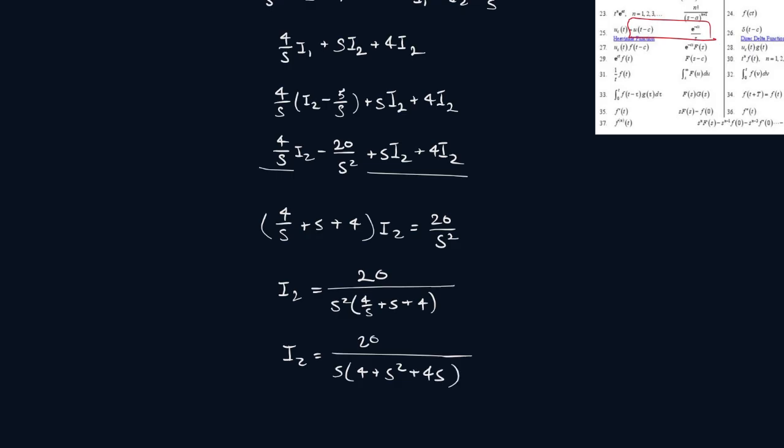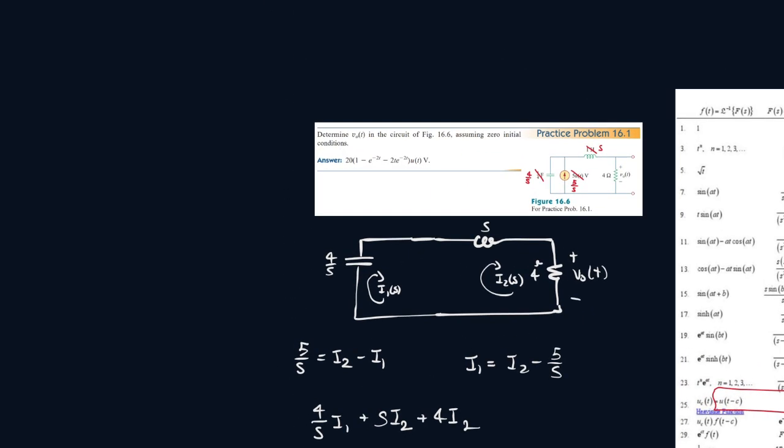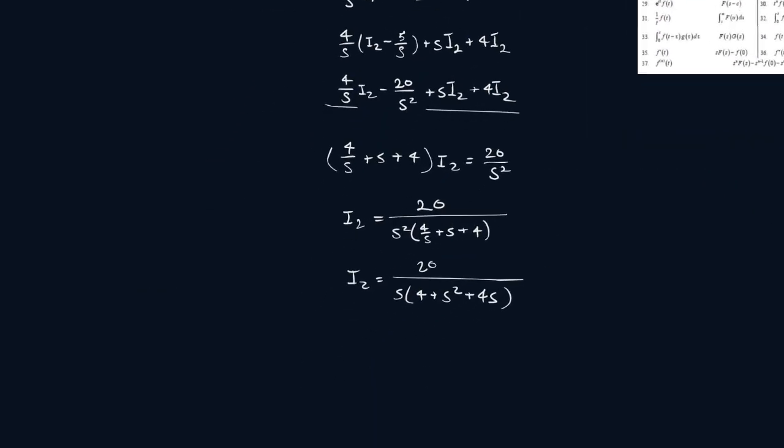Okay, that's better. And we see here that Vo(S) will be equal to 4 times I2. So it'll be 20 times 4, that's 80.